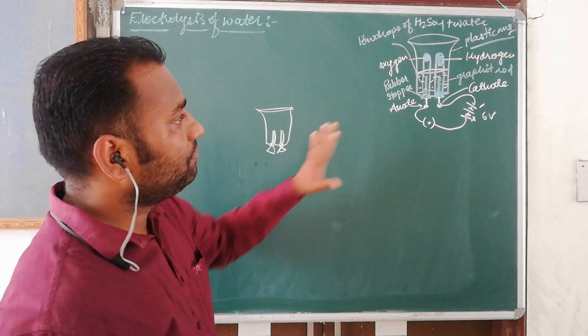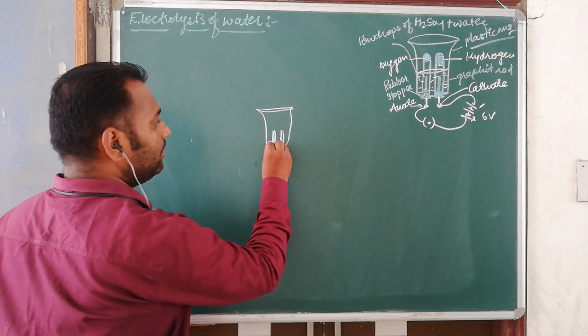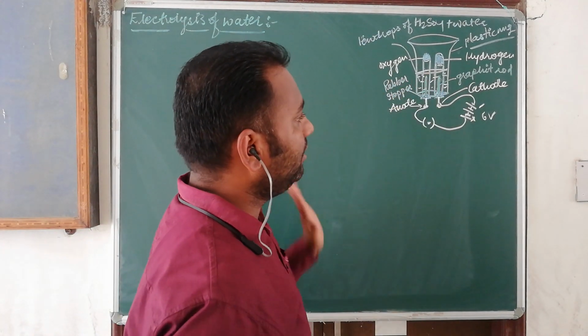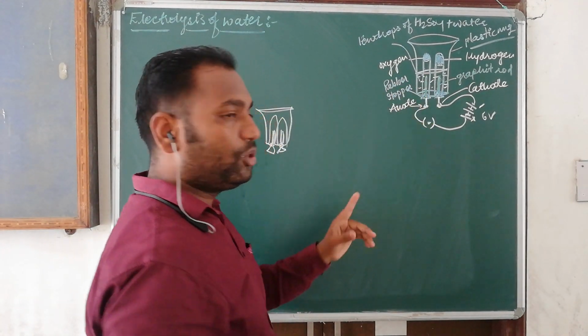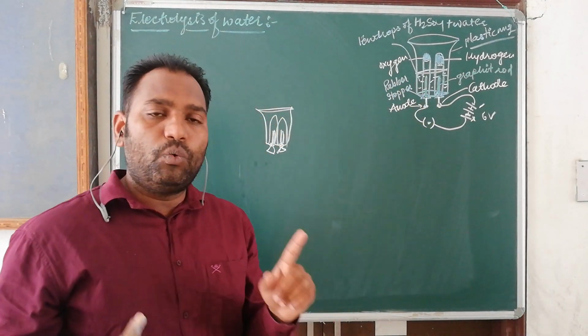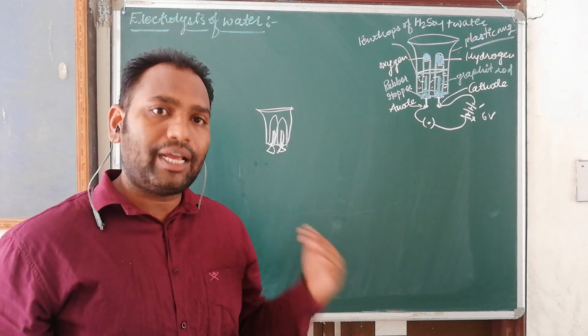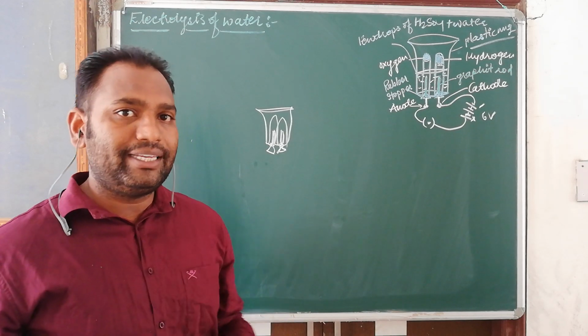After that, we take 2 inverted test tubes, and join 2 wires, one acting as the anode and one as the cathode. You have already heard these 2 names.